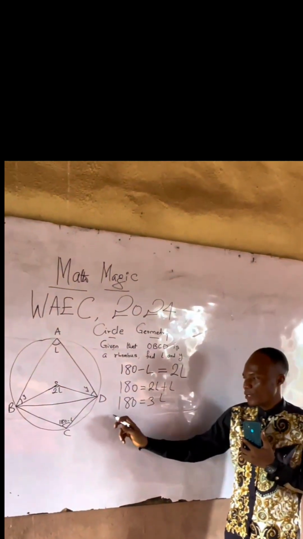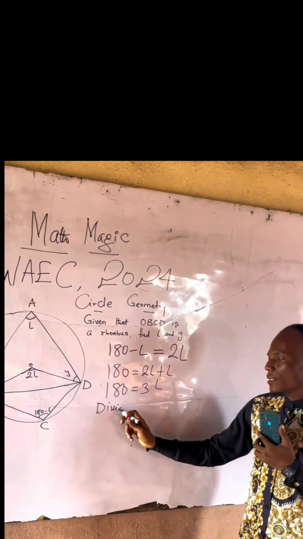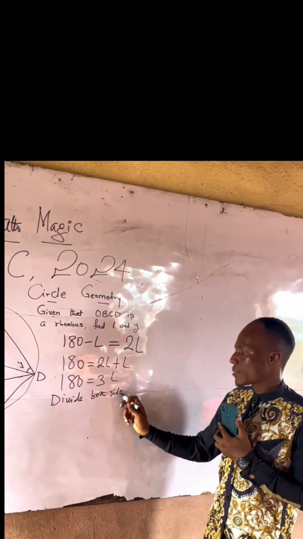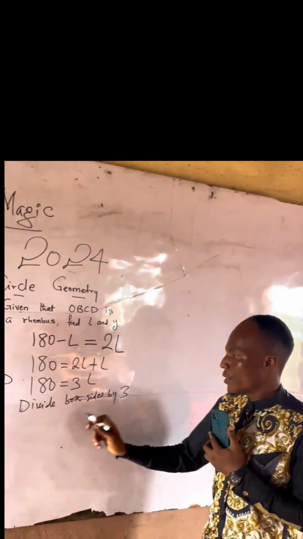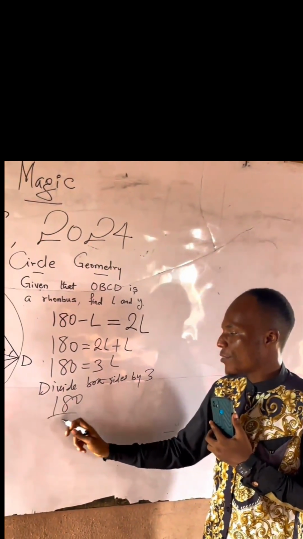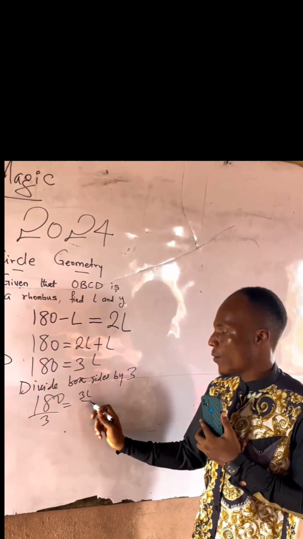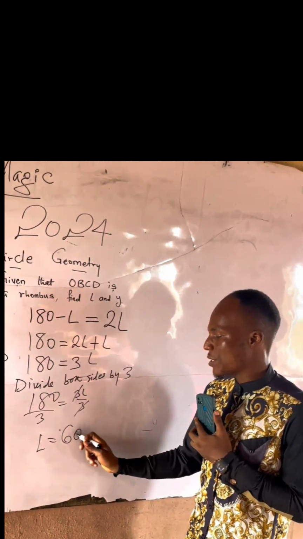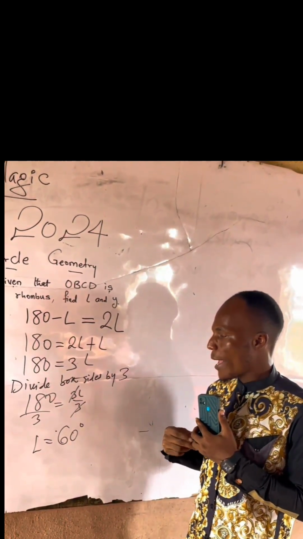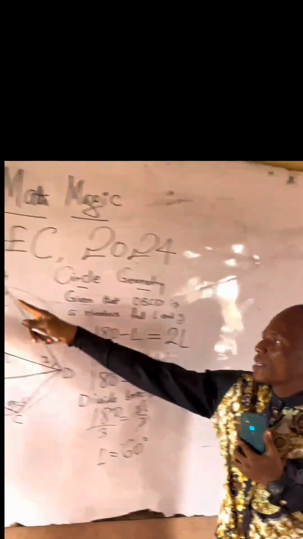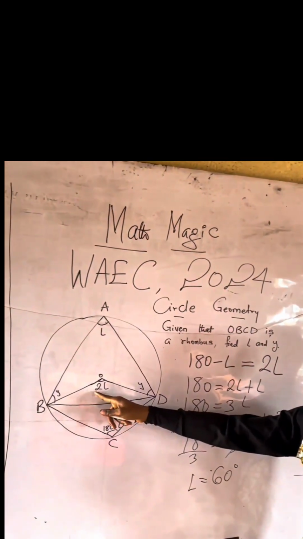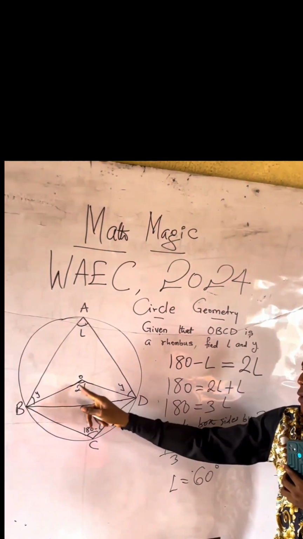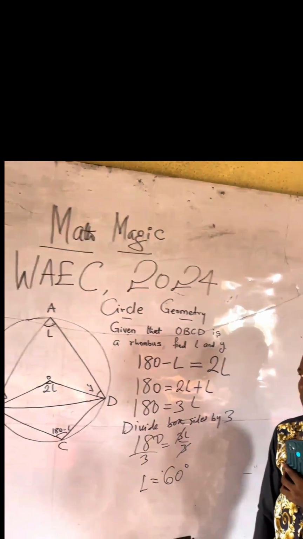You can divide both sides by 3, so you have 180 over 3 equals 3L over 3. So your L is 180 divided by 3, that's 60 degrees. If L is 60 degrees, that means 2L, 2 times 60, means this angle is 120 degrees.